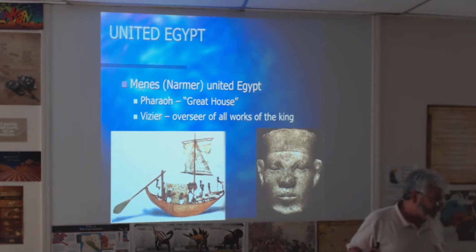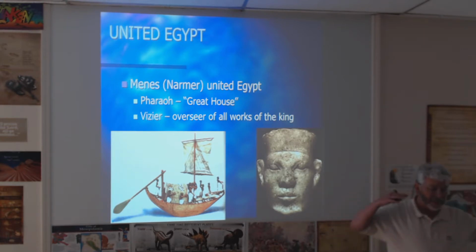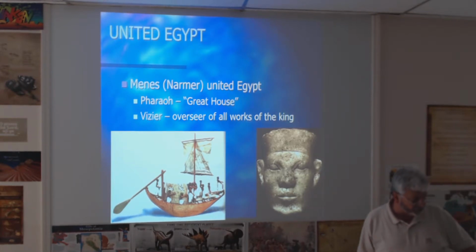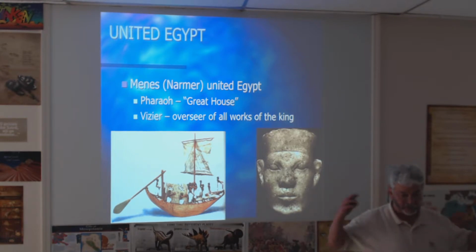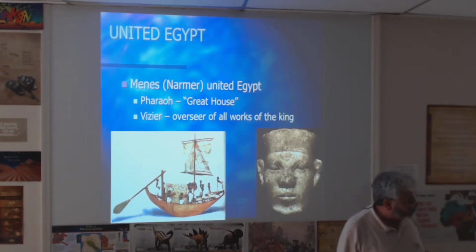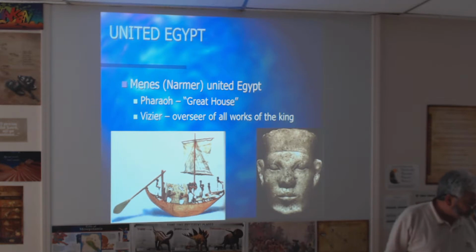So he began the first dynasty where a family is going to pass on from father to son, ruling over a united Egypt. He's the one that took to himself the name Pharaoh, which means great house, house referring to family. So he is the one who represents a great house, a great family who has conquered all of Egypt.